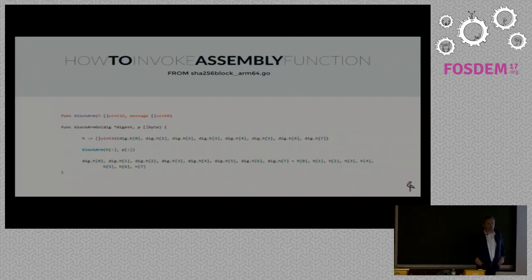If you look at how you actually invoke assembly code from Go, you essentially define the prototype of the function that you're going to call into. So for most of these hashing techniques, you pass in the digest that you start with, and the message itself. The digest is basically just a slice of 32-bit integers, and the message is just a slice of bytes.